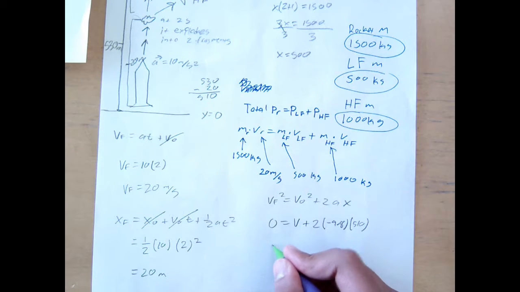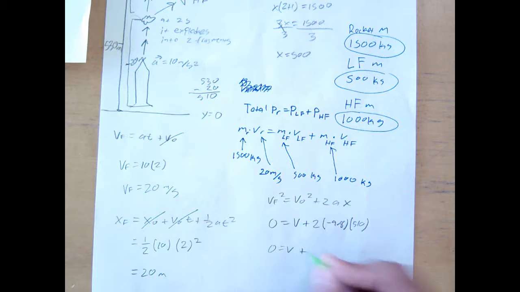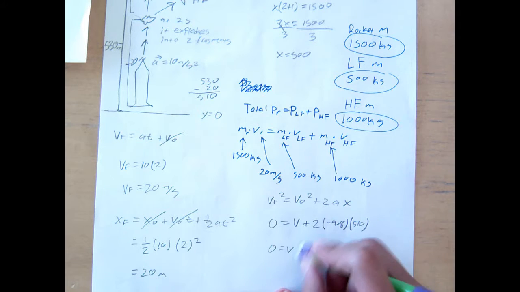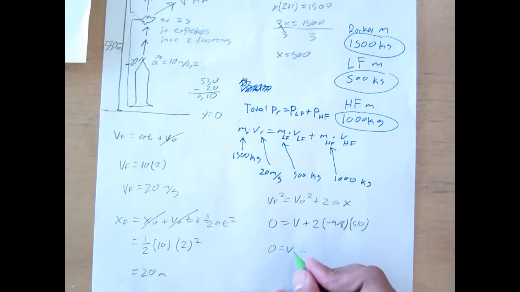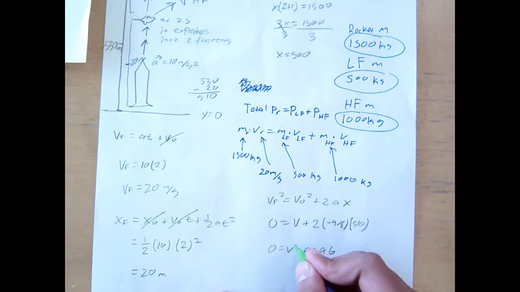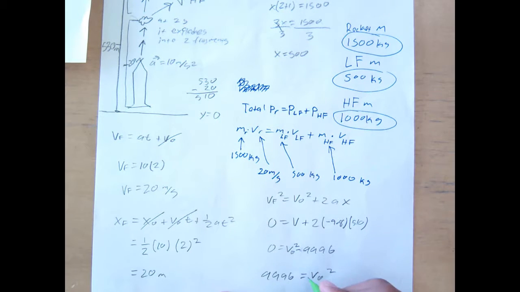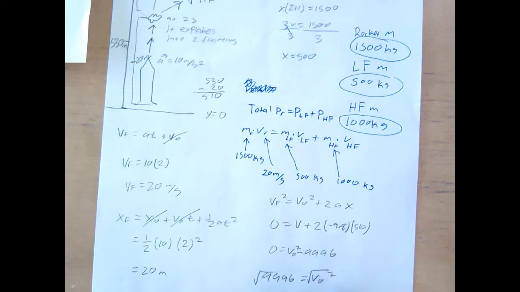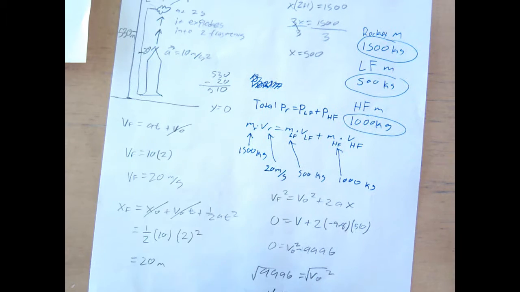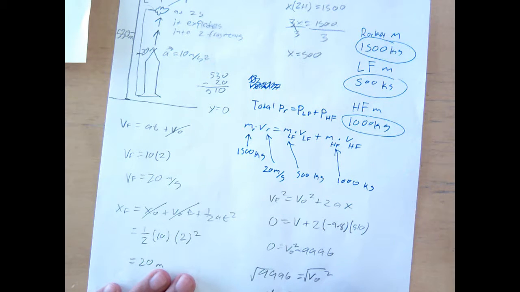That would be 0 equals v squared minus 9,996. So 9,996 equals velocity initial squared. Take the square root, and we end up with velocity initial equaling 99.97 meters per second.